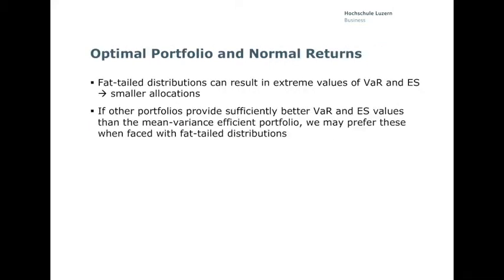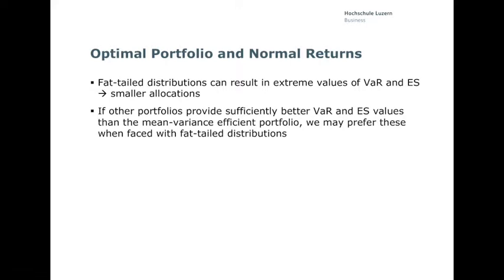Optimal portfolio and normal returns. The portfolio optimization techniques we have used so far assume normal distribution of returns and standard deviation to be fully adequate measures of risk. However, potential non-normality of returns requires us to pay attention as well to risk measures that focus on the worst-case losses, such as value at risk or expected shortfall.